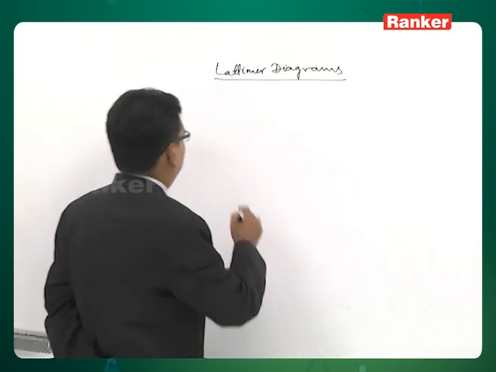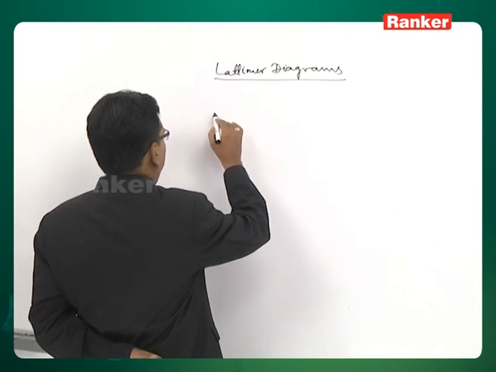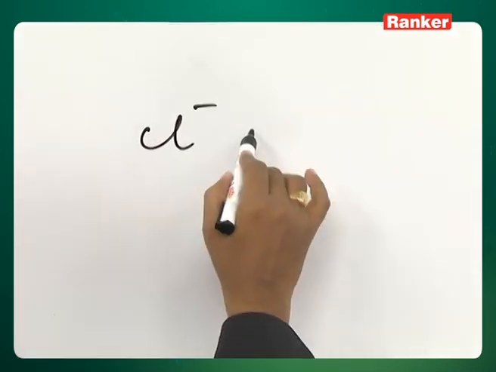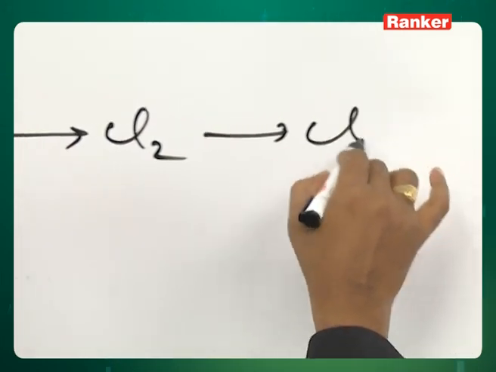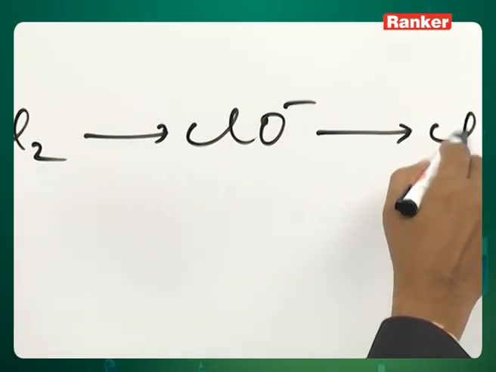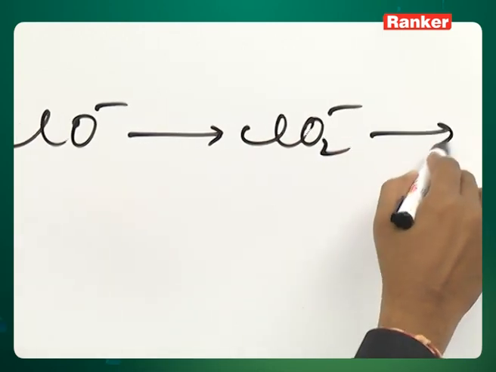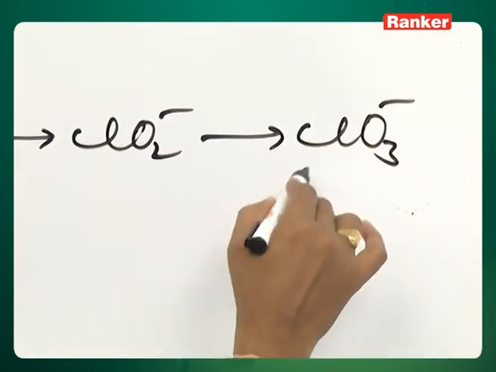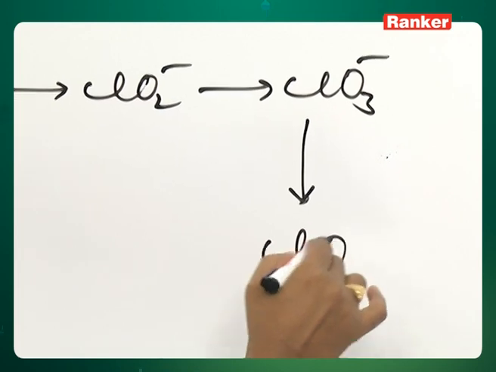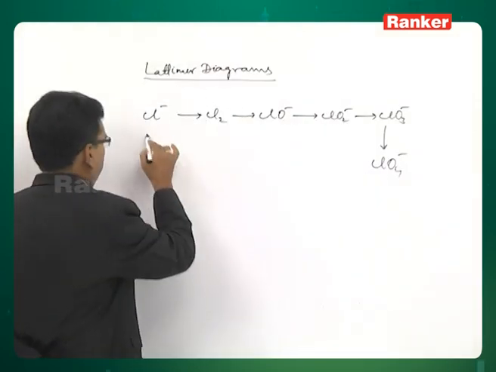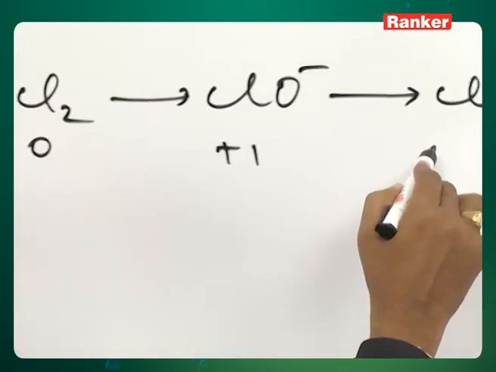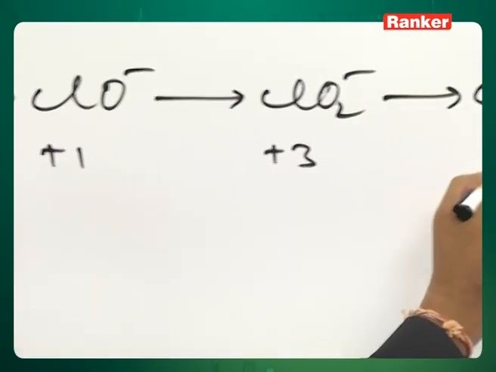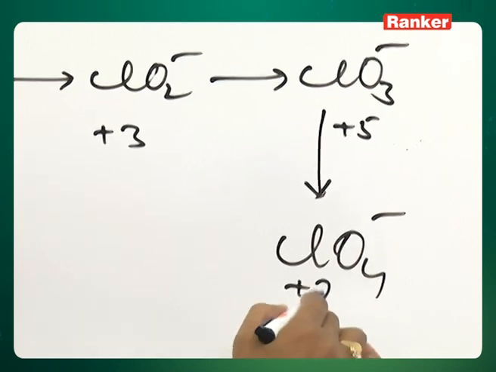For example, take the case of chlorine: Cl minus oxidized to chlorine, chlorine to ClO minus, ClO minus to ClO2 minus, ClO2 minus to ClO3 minus, ClO3 minus to ClO4 minus. Here the oxidation states are minus 1, 0, plus 1, plus 3, plus 5, plus 7.